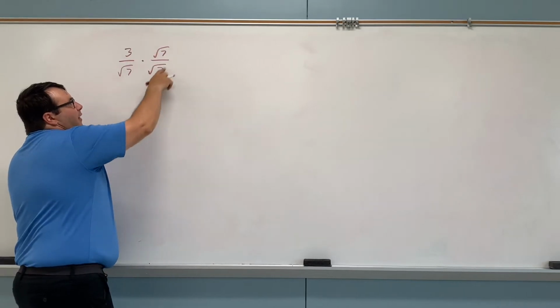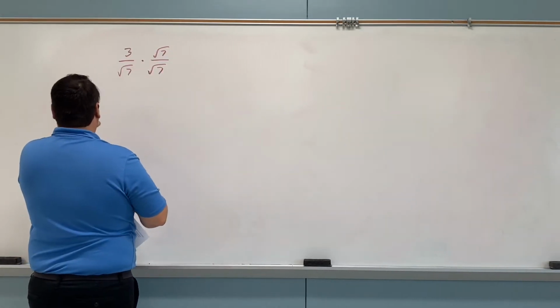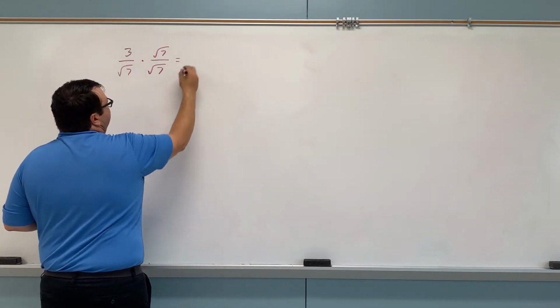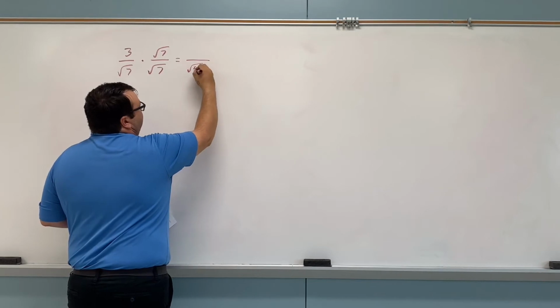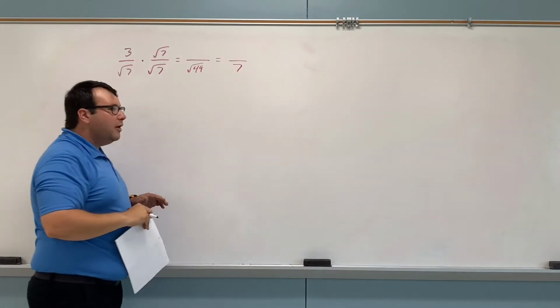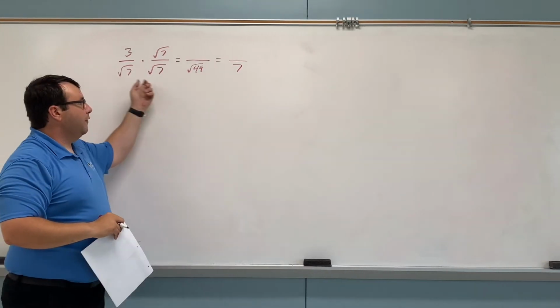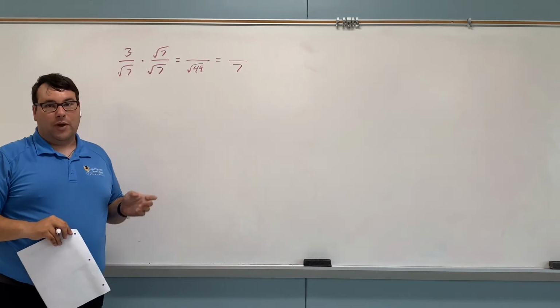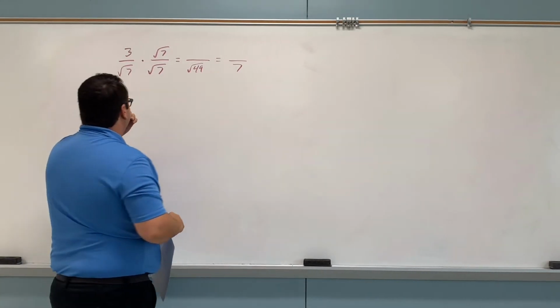Well, I'm multiplying technically by something over itself, so I'm not changing the problem at all. But for the denominator, square root of 7 times square root of 7 is the square root of 49. Square root of 49 is 7. I am clearing that radical value from the denominator.